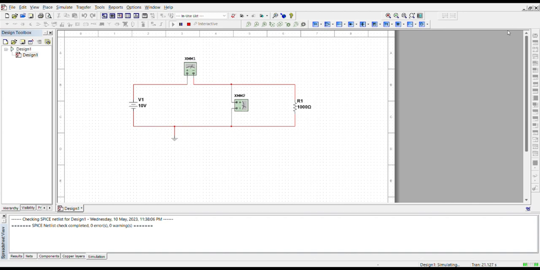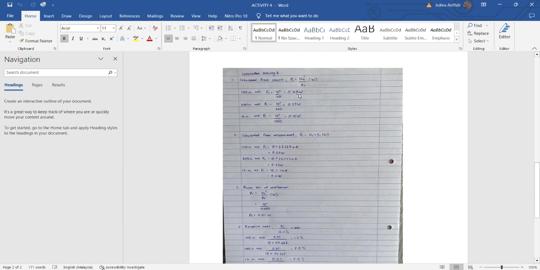Thank you. Alright, for calculation activity 4, part A. First one is we calculate from the circuit by the given formula, PL equal to U square over RL.